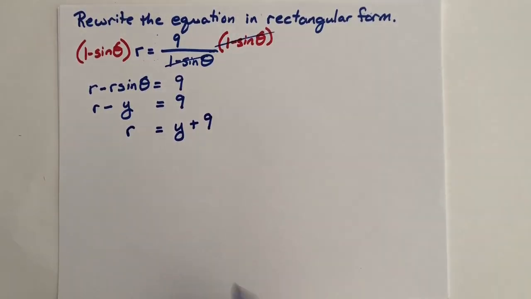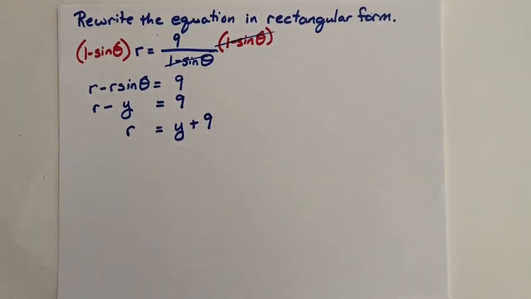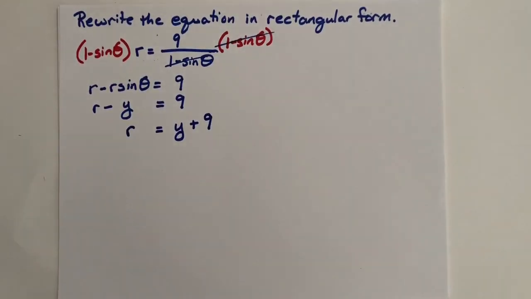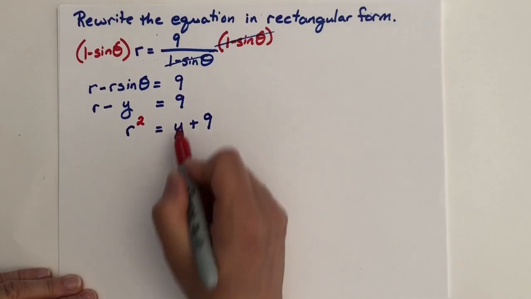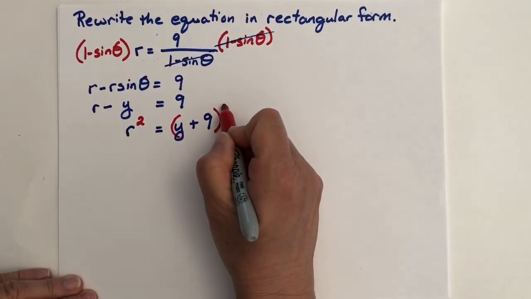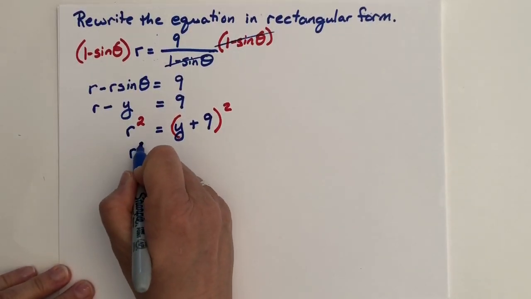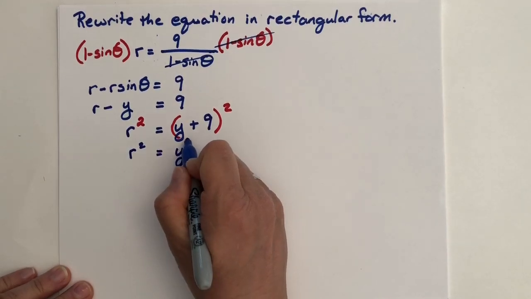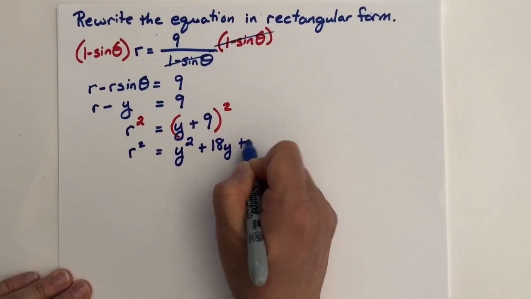And then when I squared both sides, I would just have r squared on the left and some terms that involve y on the right. So let's do that. Let's square the r and square the y plus 9. And when I do that, I get r squared equals, and on the right hand side we'll square that binomial. We have y squared plus 18y plus 81.